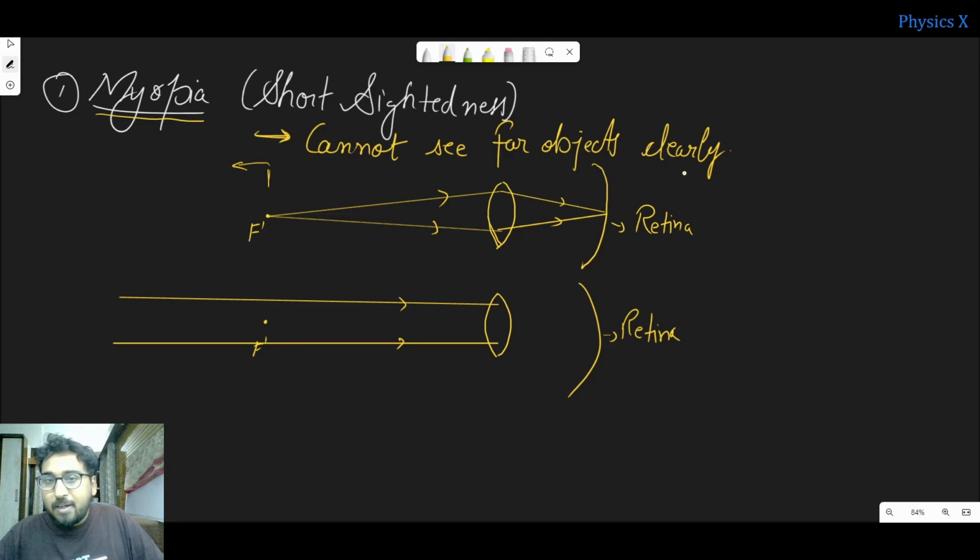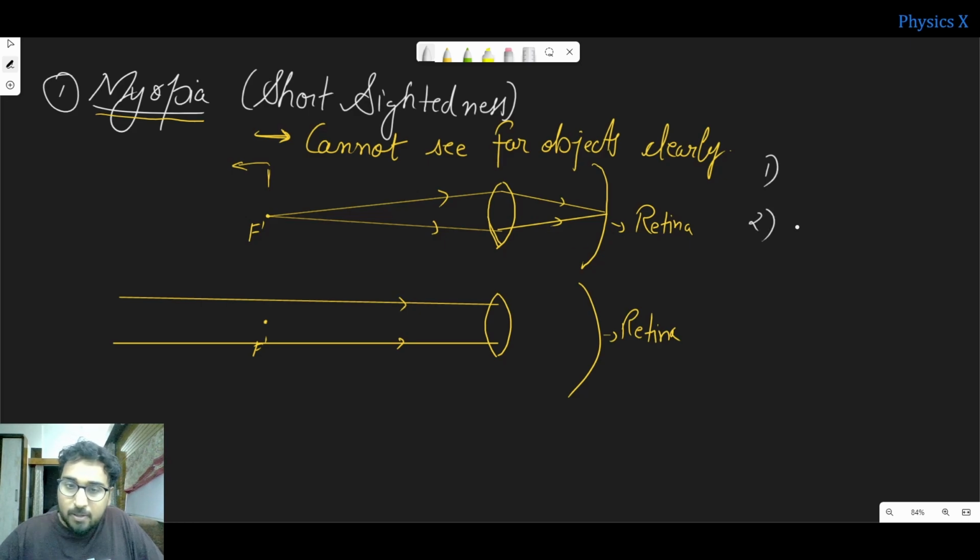Now what happens in myopia? There are two possible reasons why a person suffers from myopia.